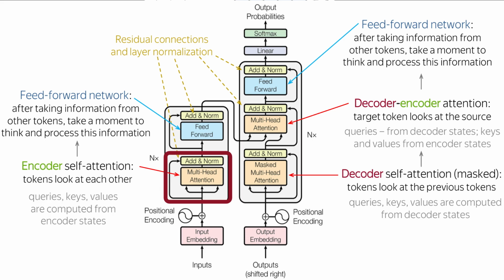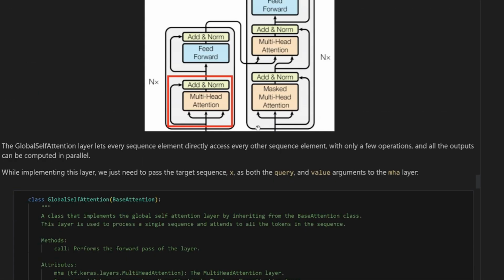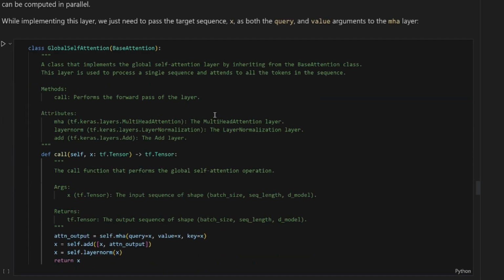To implement this layer, it's crucial to supply the target sequence X as query and value arguments to the multi-head attention layer. So here's the code I wrote for this global self-attention, and it's pretty simple, and it also inherits the BaseAttention object, and that's it.